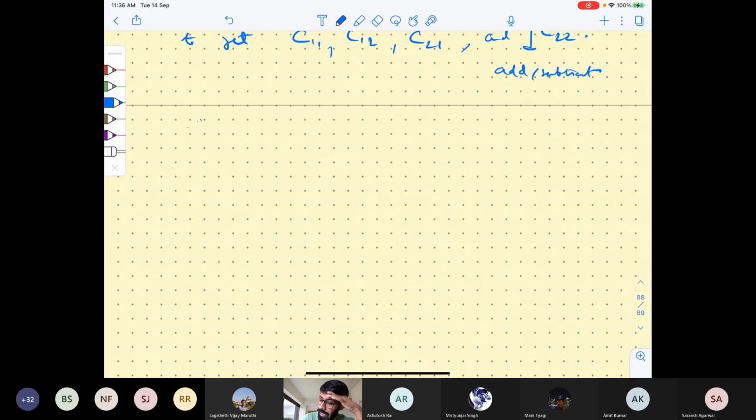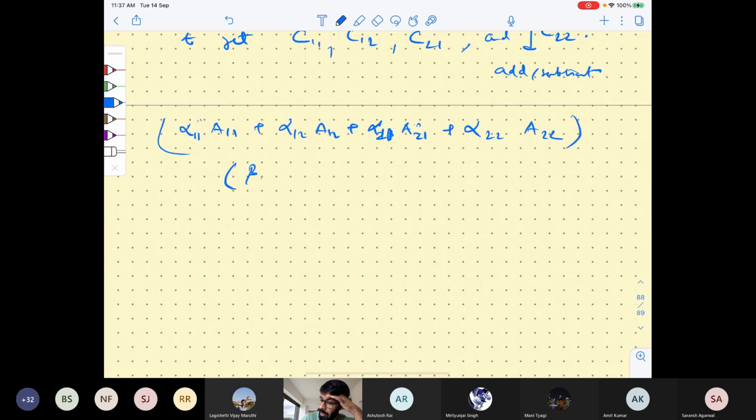Basically, he takes some partial products of the form alpha 11 A11 plus alpha 12 A12 plus alpha 21 A21 plus alpha 22 A22, times beta 11 B11 plus beta 12 B12 plus beta 21 B21 plus beta 22 B22. Okay, my beta and B look way too similar.